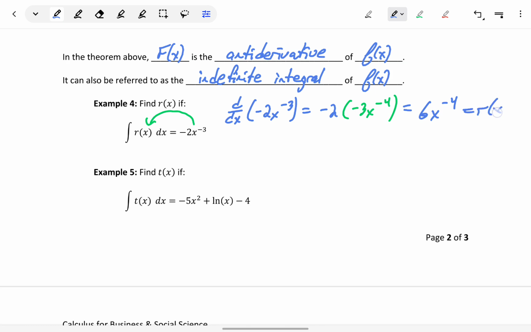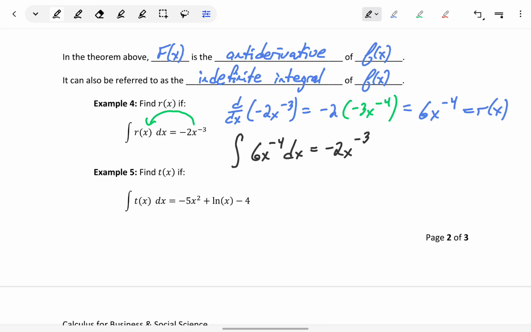That expression, that function, is equal to r of x, meaning the indefinite integral of 6x to the negative 4th dx, integrated with respect to x, is equal to negative 2x to the negative 3.